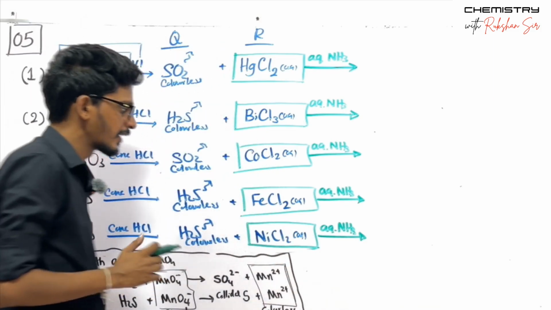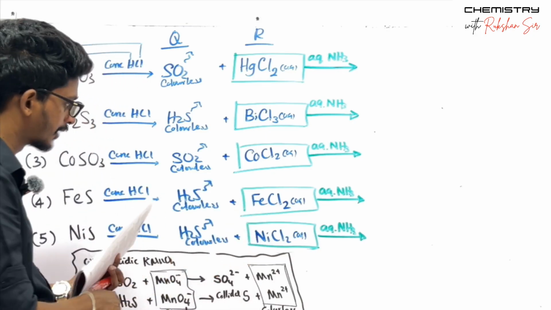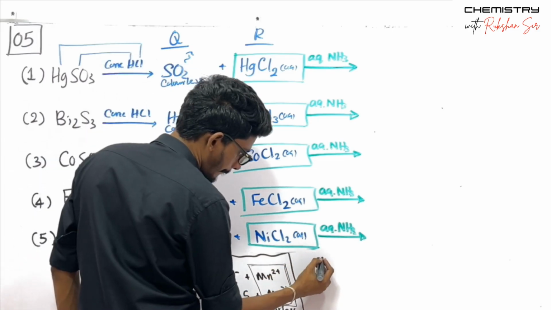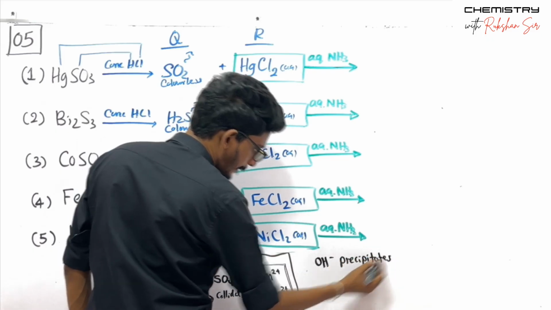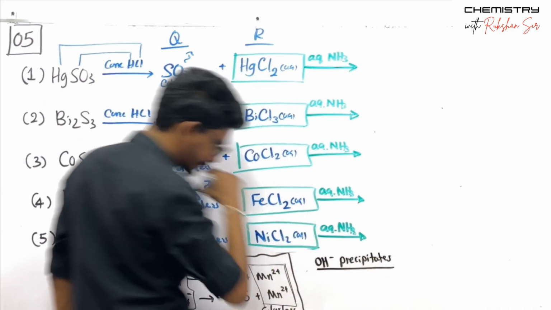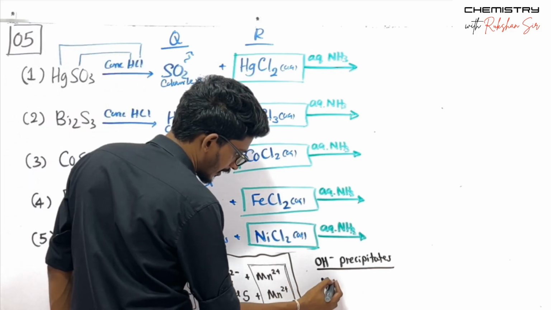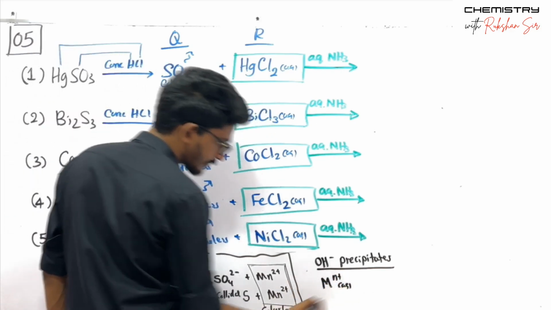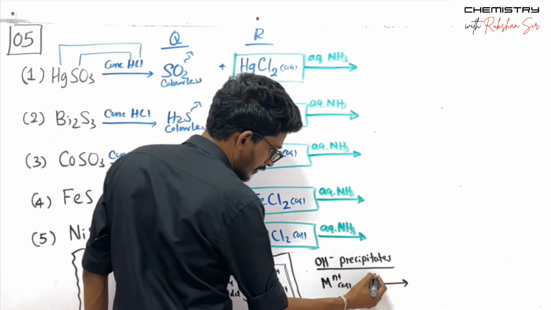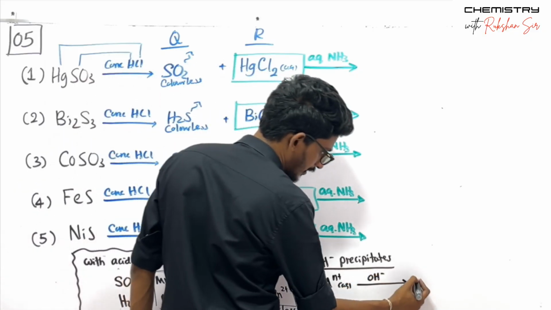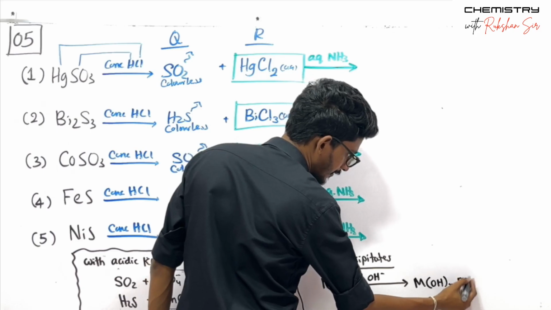So when it comes to the hydroxide precipitation pattern, who is capable of precipitating hydroxides? If you think of Mn+ aqueous, when you provide OH- to the solution, you get M(OH) precipitate.